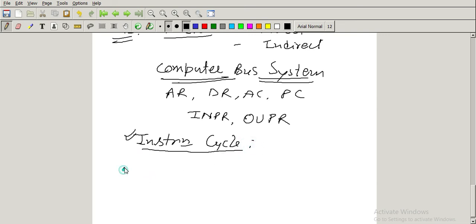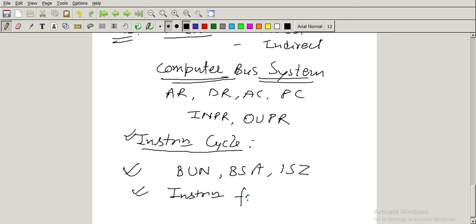And from these, some instructions like branch and save return address, BSA, ISZ. They have asked in your exams about these important instructions and the instruction format. Okay, so this is the important topic from chapter 5.